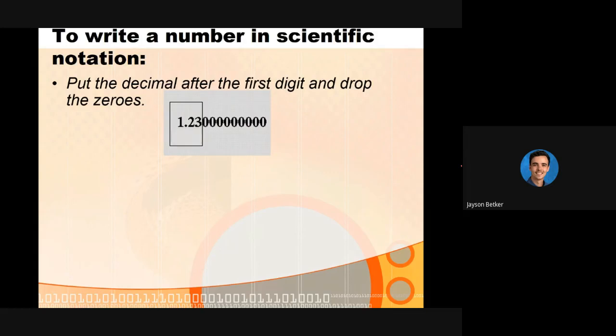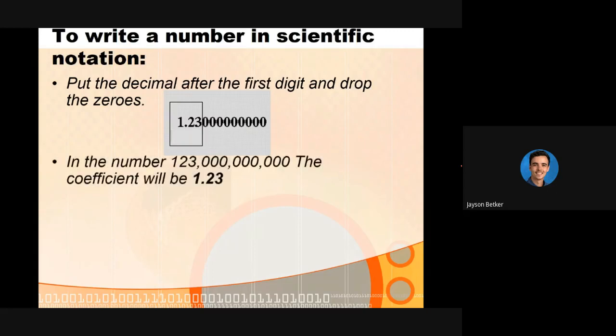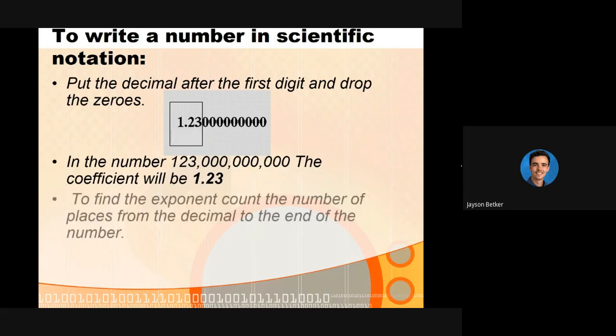So that's what we did. We did 1.23 and then we got rid of all the zeros. Now in this number, the coefficient is going to be 1.23. Okay. To find the exponent, we count the number of places from the decimal to the end of the number. Or like I said, counting how many places you move that decimal.